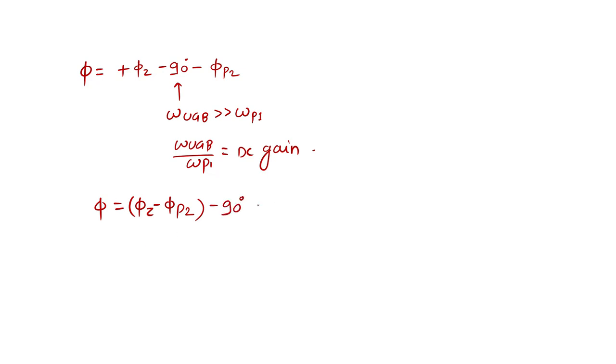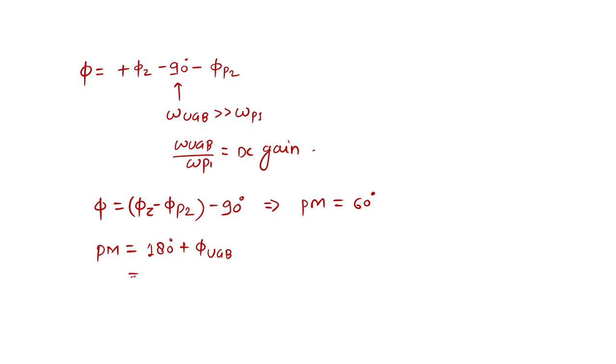So for getting a better phase margin, let's say I want a phase margin of minimum 60 degree. What should I do? What is the definition of phase margin? The definition of phase margin is 180 plus phi at UGB.